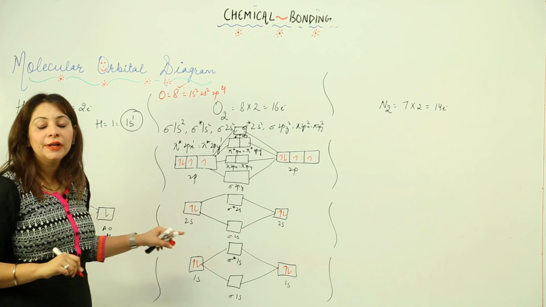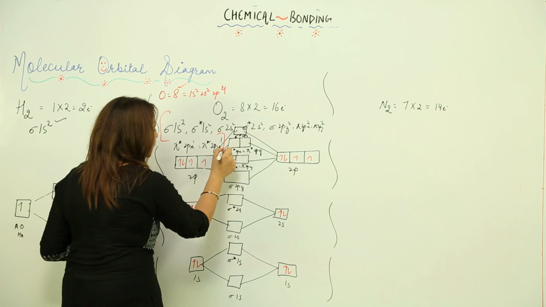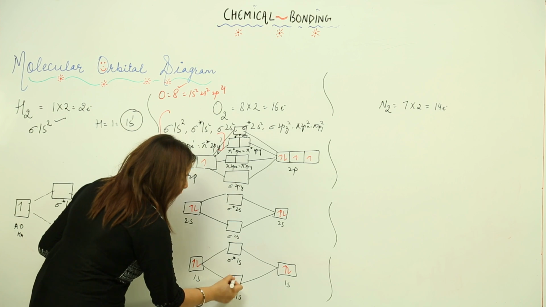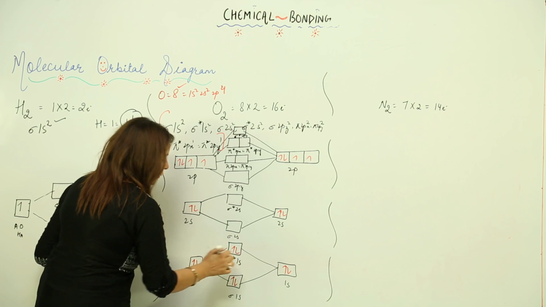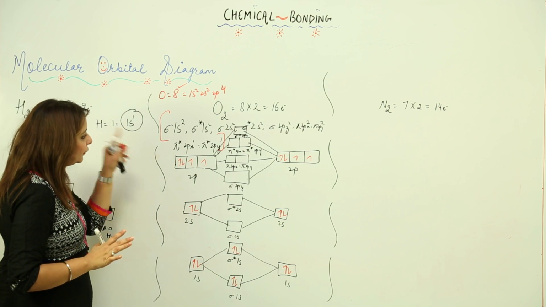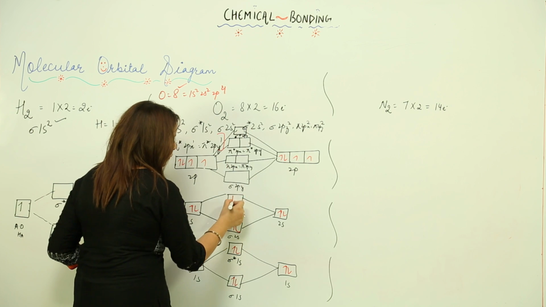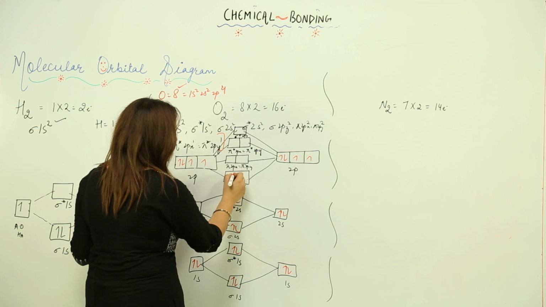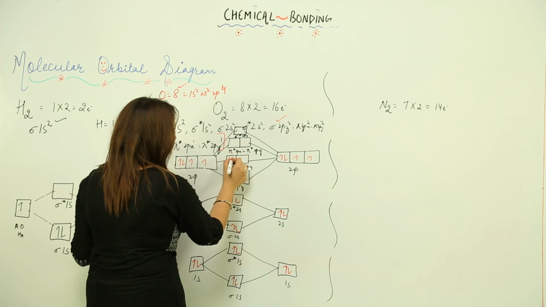I need to fill my molecular orbitals now, and the electronic configuration is the one which I wrote. So let us say that in bonding sigma 1s there are 2 electrons. Let us put 2. Anti-bonding also possesses 2 electrons. So this is completed. Now for 2s, bonding again 2, anti-bonding again 2, this is completed. And now sigma 2pz possesses 2 electrons, as you can see here, and these are again 2, 1, 1, 2 and 2.